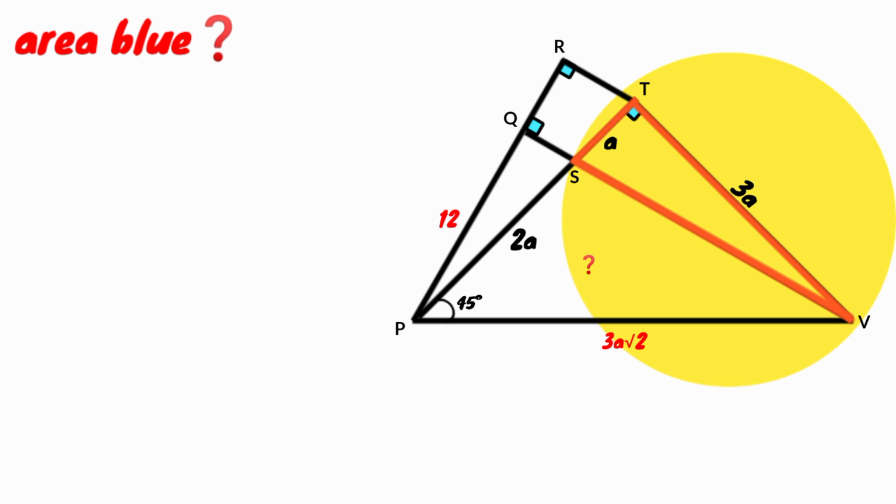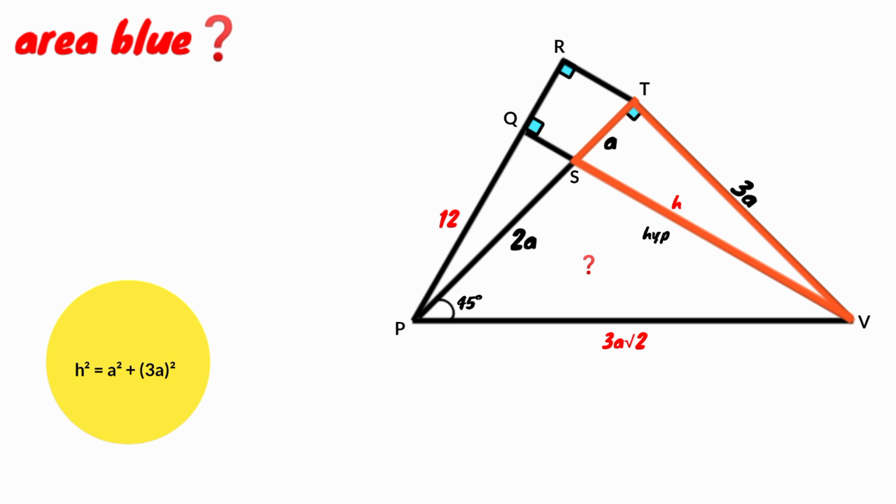We can use the Pythagorean theorem on it. This is the hypotenuse. So by Pythagoras, the square of its length, let's say h, must be equal to sum of the squares of this a and this 3a. So h squared equal to a squared plus 3a all squared. 3a all squared is 3a times 3a, which is 9a squared.